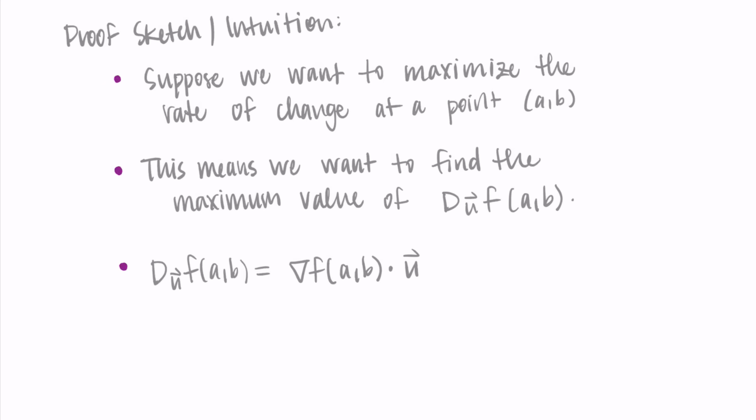But we can manipulate this a little bit. We know that the dot product of two vectors can be written as the magnitudes of those vectors multiplied together times the cosine of the angle between them. So I can write this dot product as the magnitude of the gradient of f times the magnitude of u times cosine of the angle between the two vectors.